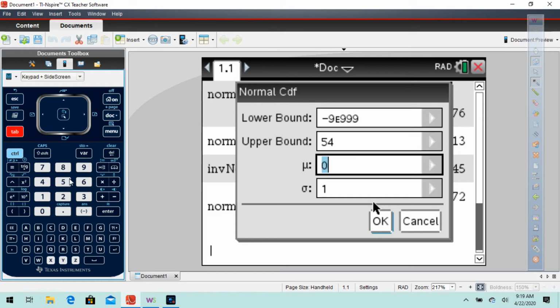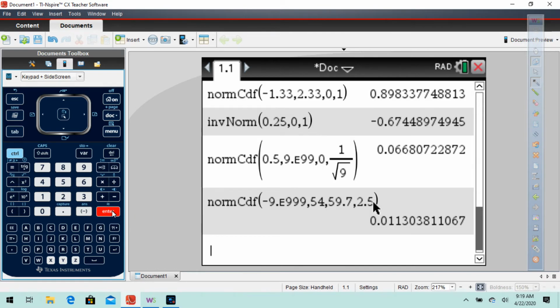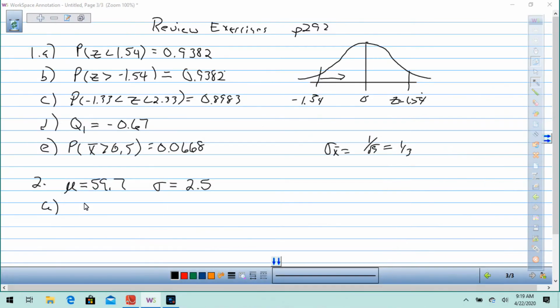We've got 59.7 for the mean, and we have 2.5 for the standard deviation. We get 0.0113. So the probability that X is less than 54 is 0.0113, or 1.13%.